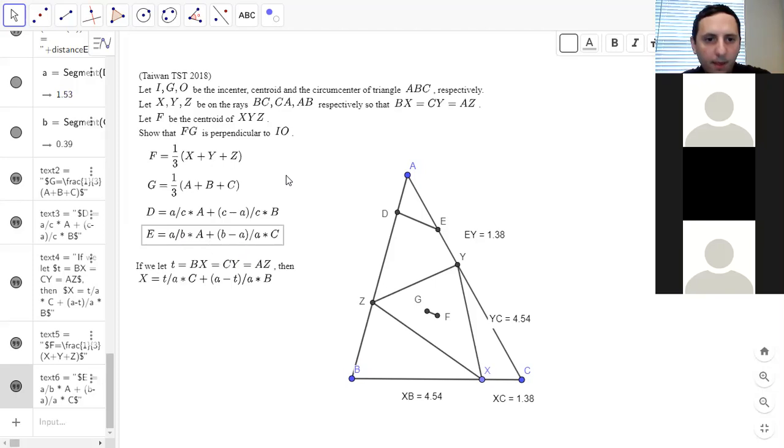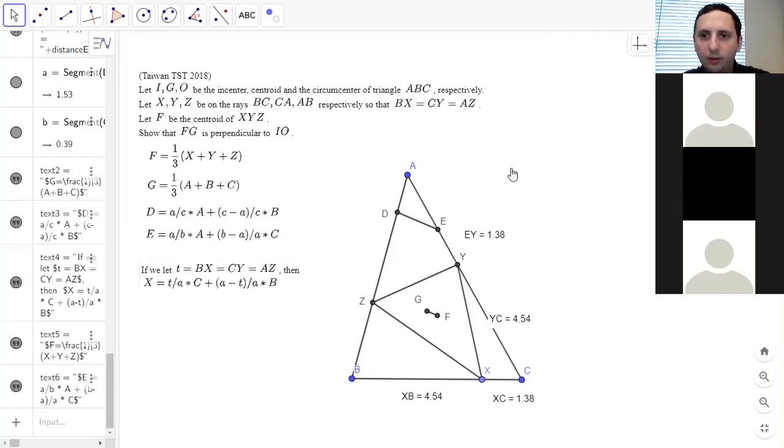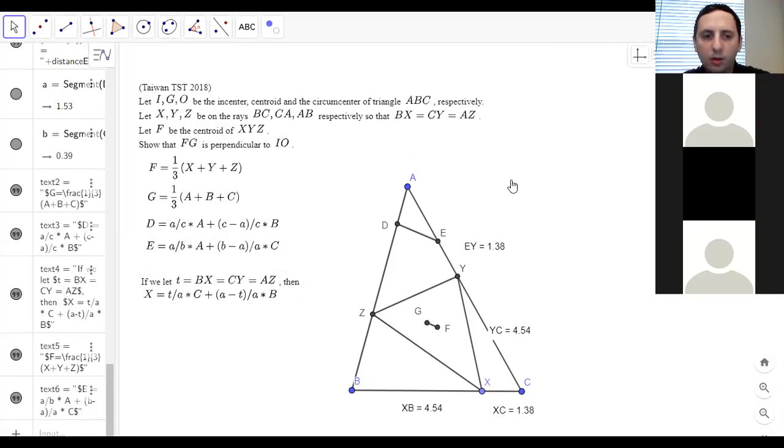And we want to show it's proportional to what you get when you subtract these two. So basically this would be a third of A minus X plus B minus Y plus C minus Z. So let's write out Y. Okay, so we have X. Then we just need Y and Z. Let's see.